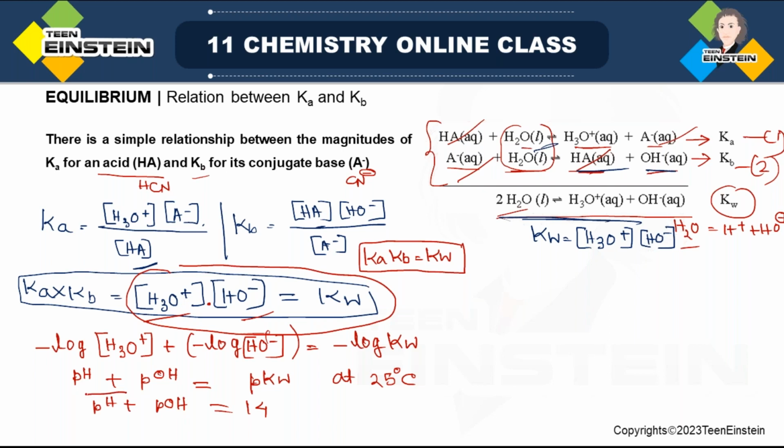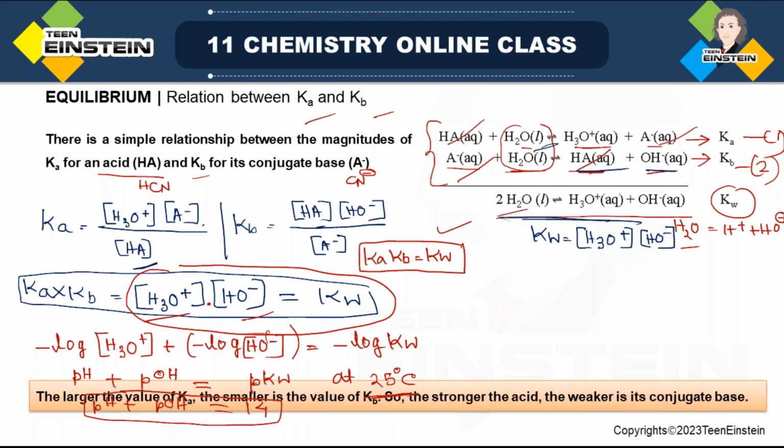So this is another important relationship, not just the relationship between Ka and Kb. This will help us in solving problems, and that is pH plus pOH is equal to 14. But remember, this is at 25 degrees centigrade.